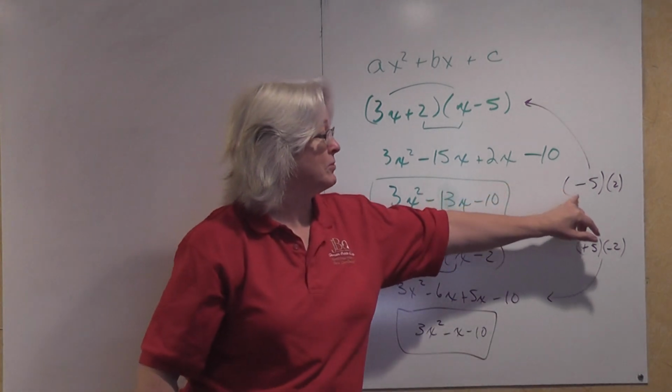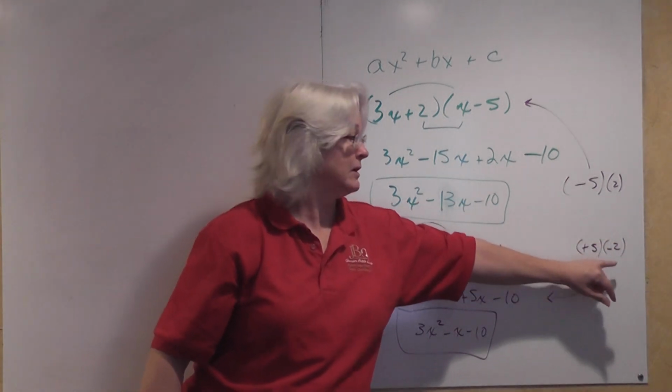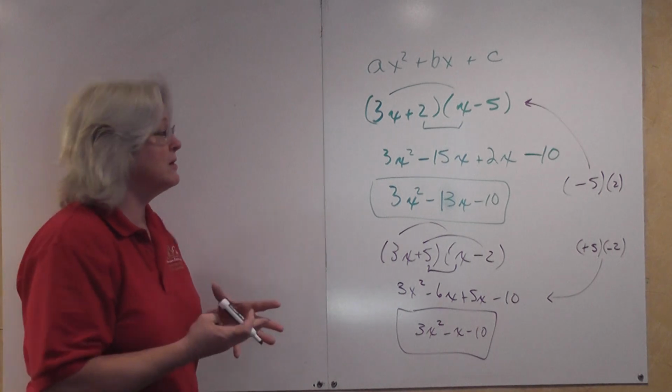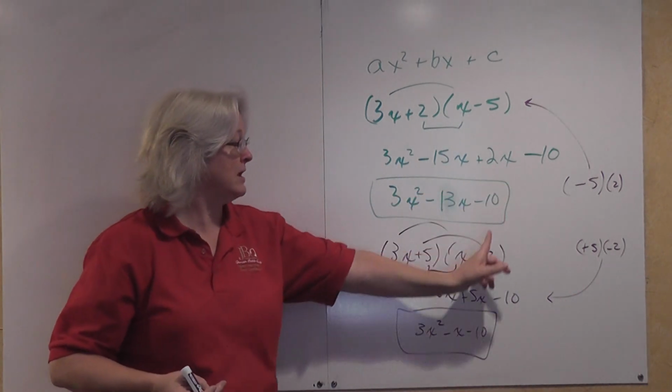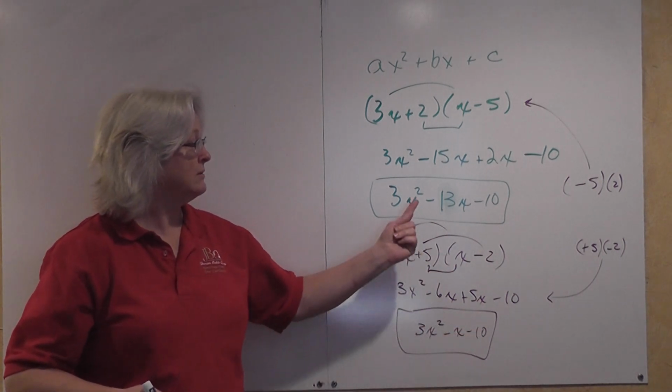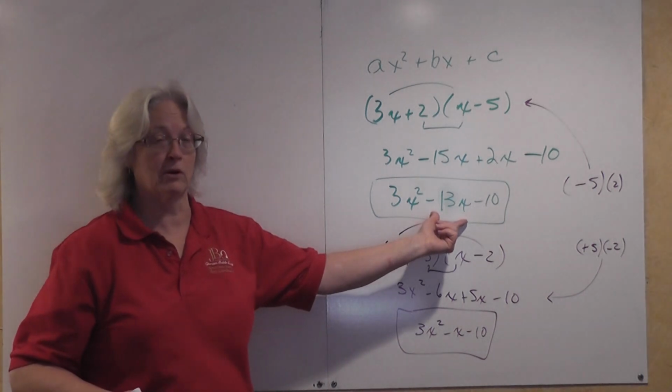So while both negative 5 times 2 and positive 5 times a negative 2 give us a product of negative 10, you end up with a different center term.